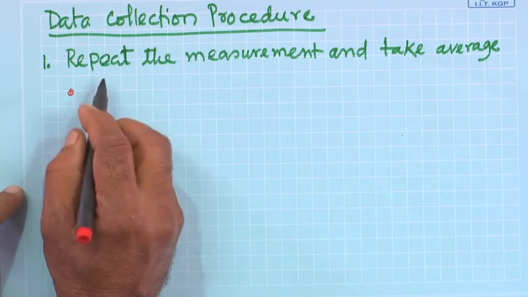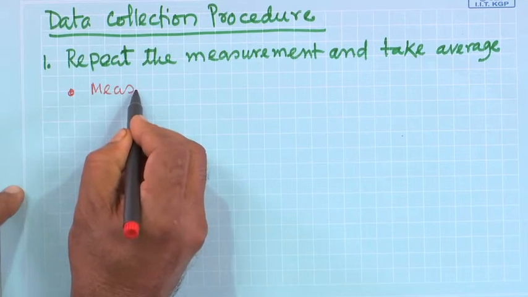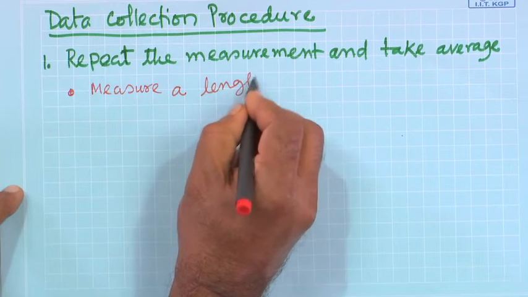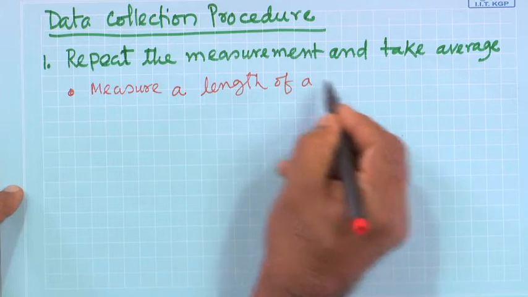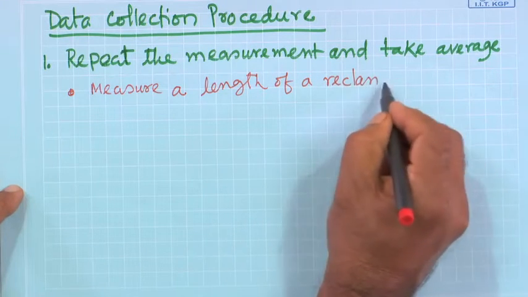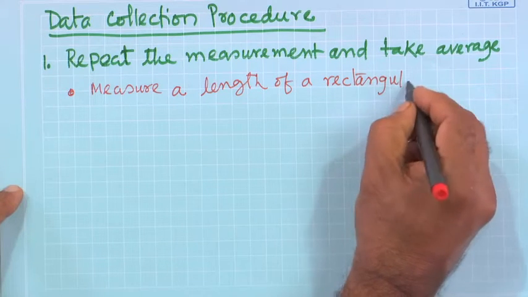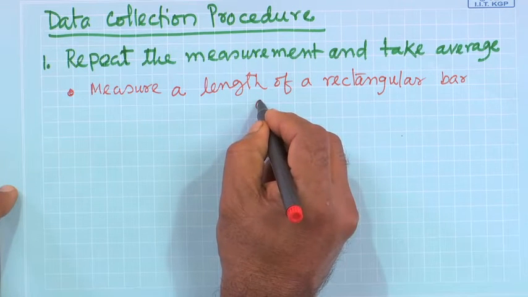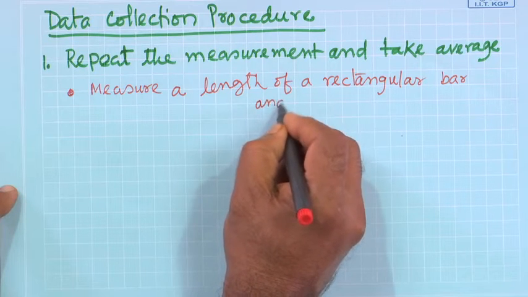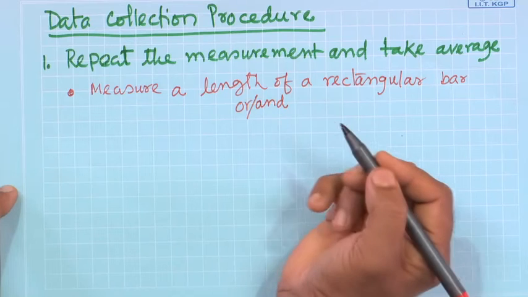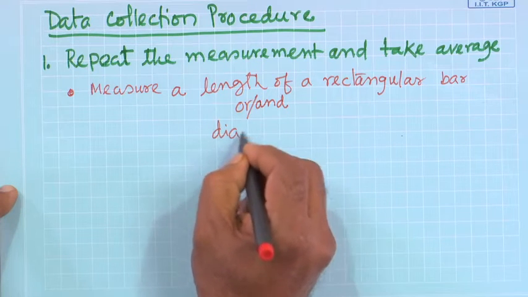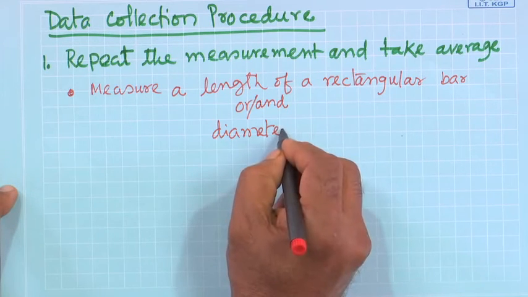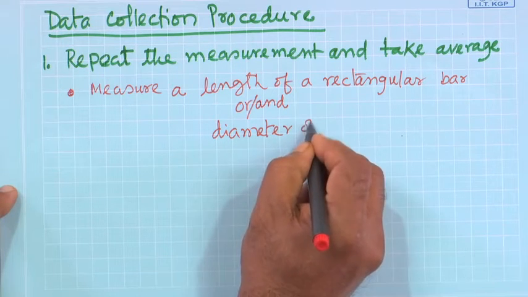So, when you are going to measure the length of a rectangular bar, or the diameter of a wire.